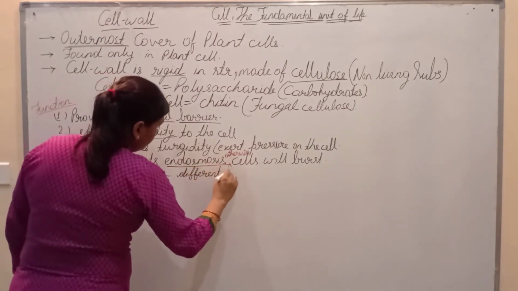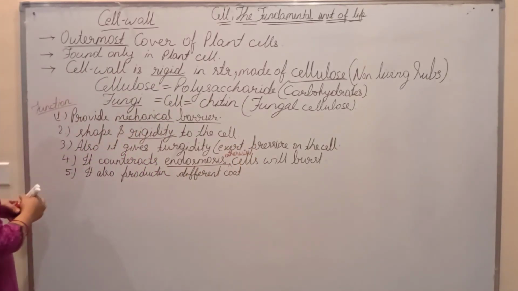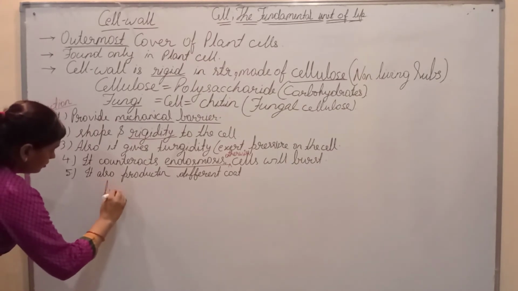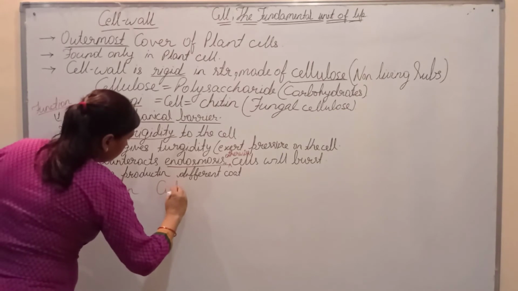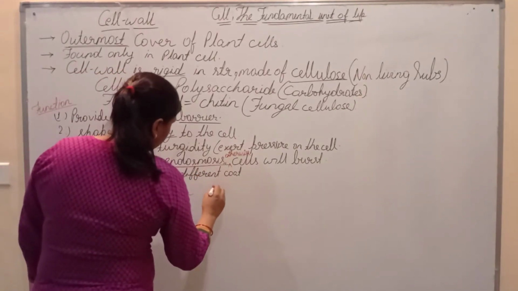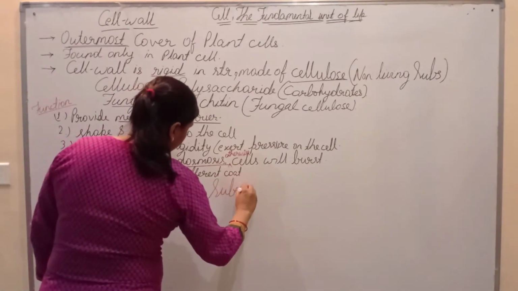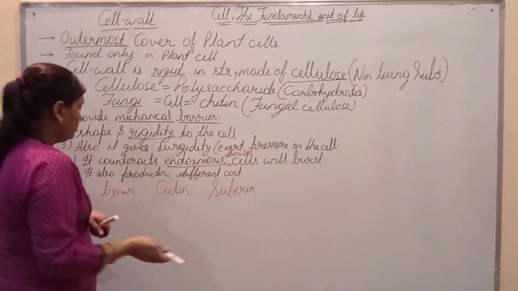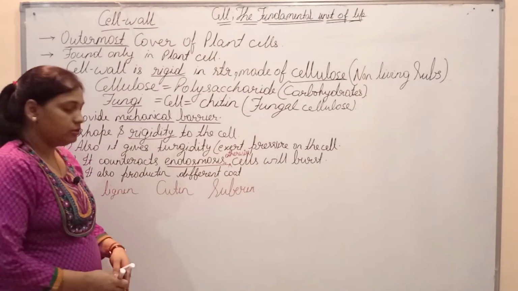Cell wall has different coats, like lignin, cutin and suberin. So these are the coats that are found on the cell wall.